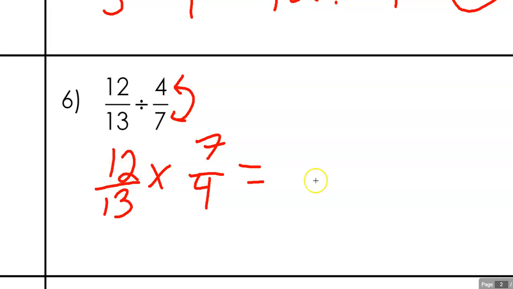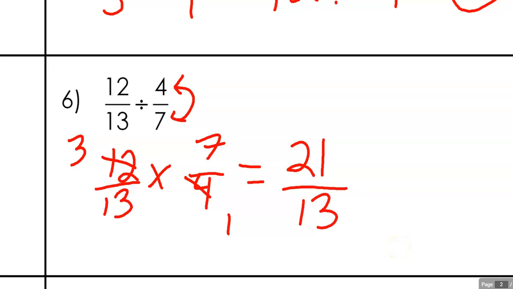What is 12 divided by 4? It is 3. What is 4 divided by 4? It is 1. So now let's multiply it straight across. 3 times 7 is 21. 13 times 1 is 13. Okay, and this is your answer as an improper fraction.